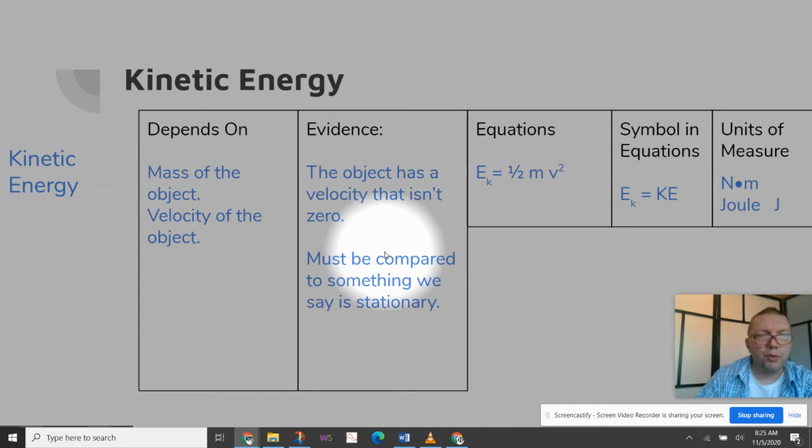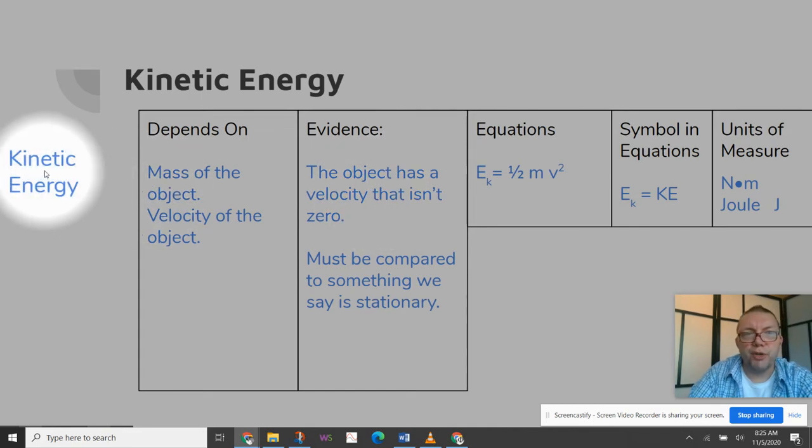Yeah, the Earth is rotating and revolving around the sun, and the whole galaxy is moving. But at some point, we have to say, hey, for what we're doing right here, I'm going to say the Earth, the ground, the road, the tree are stationary. So if we see an object that is moving compared to some reference frame, then that object is moving. It must have kinetic energy.